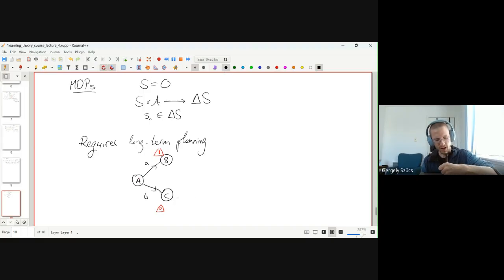But let's say down the line from action C, if we take action A, for example, we go to a state D, and let's say this state has a reward of 100. Again, putting aside the assumption of the reward being in 0 and 1, just for the sake of this example.